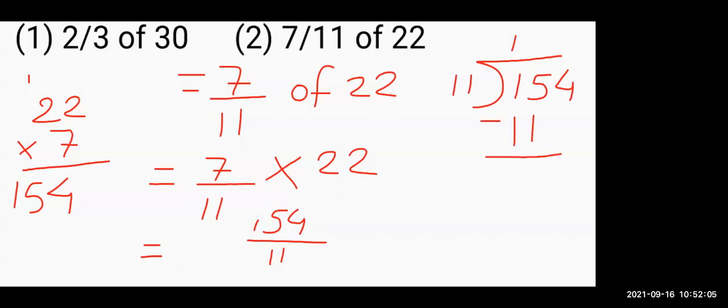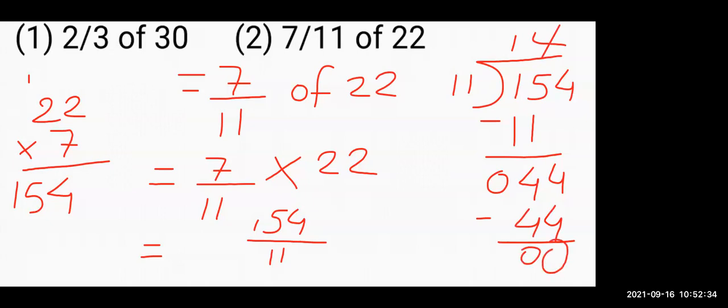Now 5 minus 1 will become 4. 1 minus 1 will become 0. Now this 4 I am going to carry down. So it becomes 44. Now in 11 table 44 is coming. Yes, so 11 4s is what? 44. 44 minus 44 is 0. So what is our final answer?